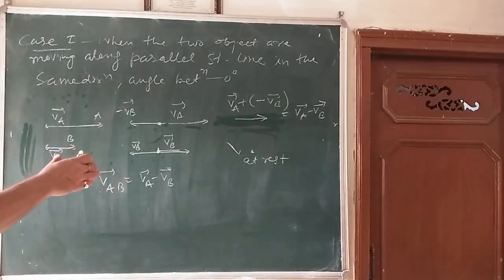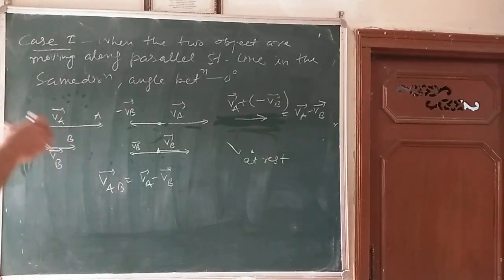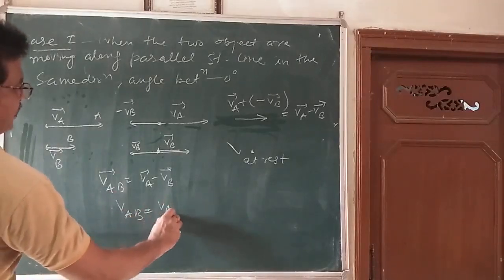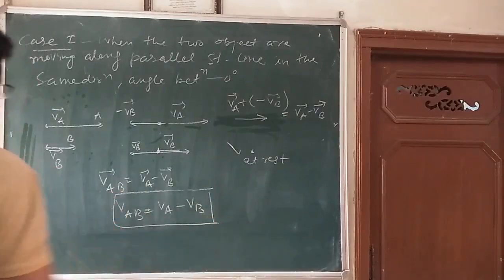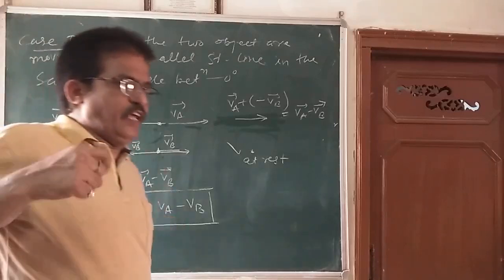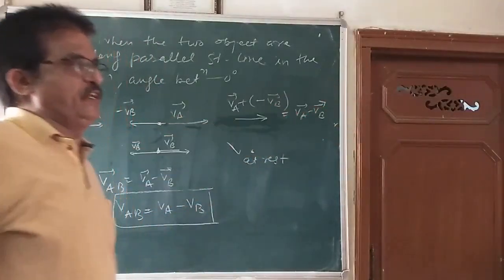So dear children, VAB, VA and VB all are in the same direction. So I can write the resultant of these when the direction is same, so the velocity will be the difference. So dear children, suppose the two objects A and B both are going in this direction, along east direction.